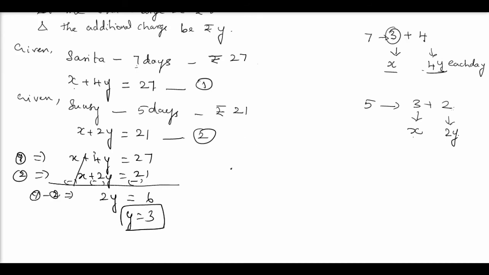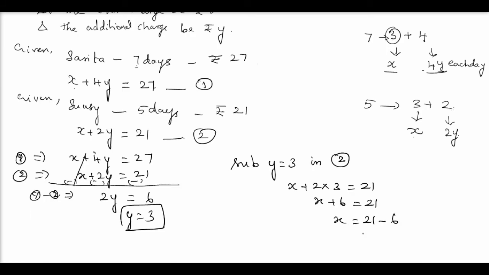So let me substitute Y equal 3 in any one equation to get the value of X. Let me substitute in equation 2. So it is X plus 2 into 3 equal 21. So X plus 6 equal 21 gives me X equal 21 minus 6, that is X equal 15.